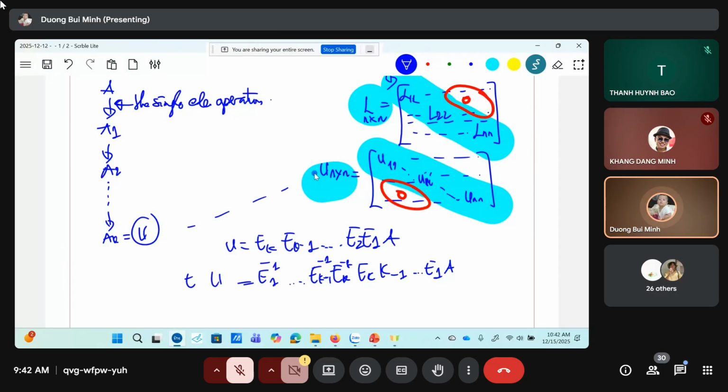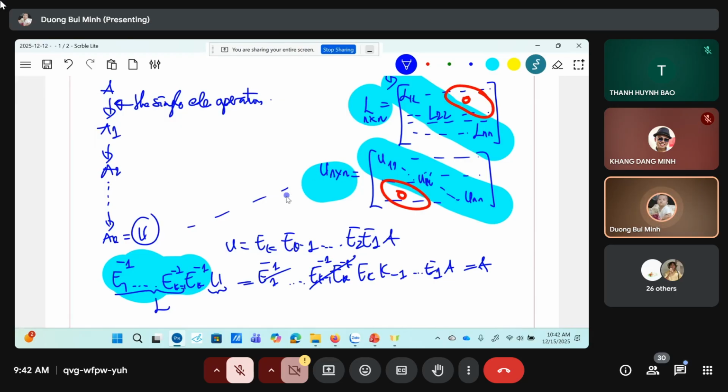Here we get U, and the same, the inverse of E_k times E_k is 1. So here we delete, and this one becomes A, and this one is U. So that means this one is L.